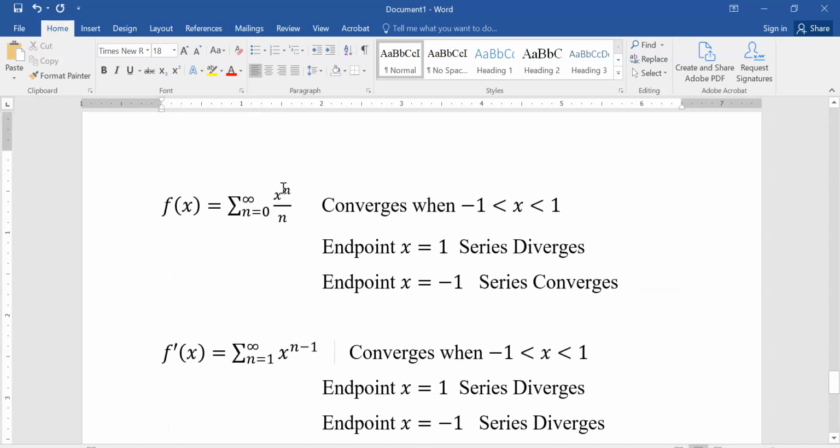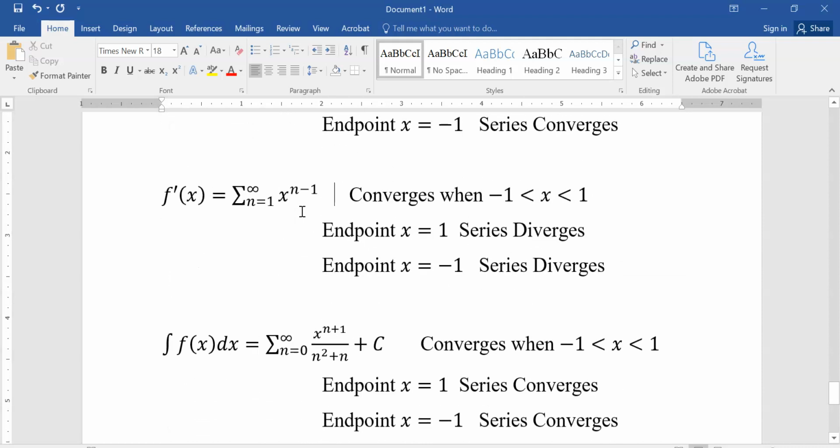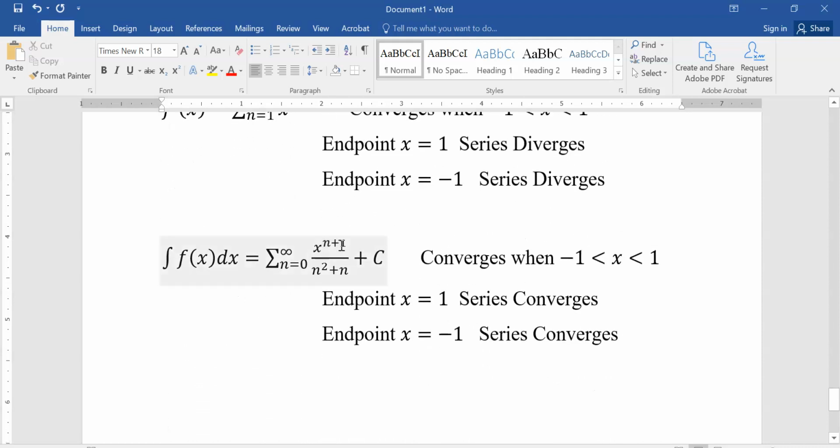And by the way, you could have also taken the antiderivative. The antiderivative, it turns out, add 1 to the exponent, the new exponent is n plus 1. You divide by n plus 1, so you'd get n squared plus n in the denominator when you multiply that out. This plus c won't matter a lot.